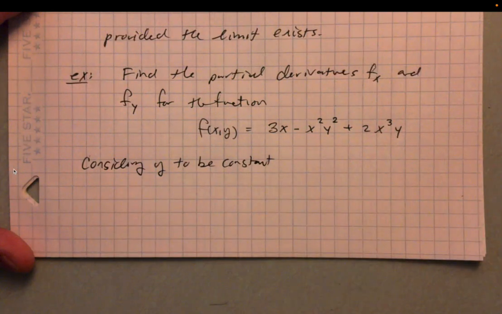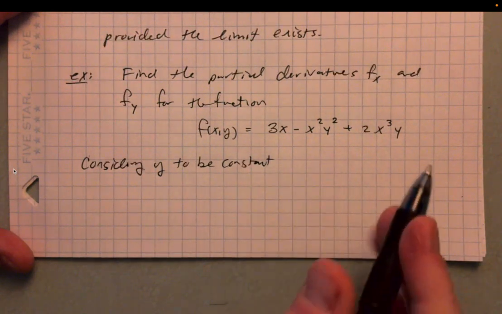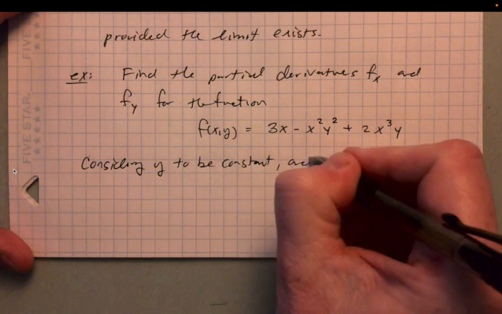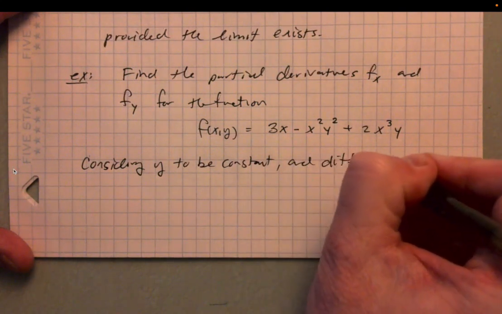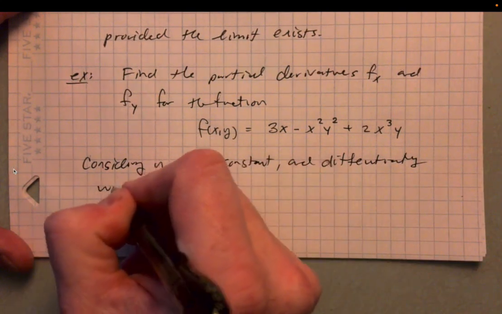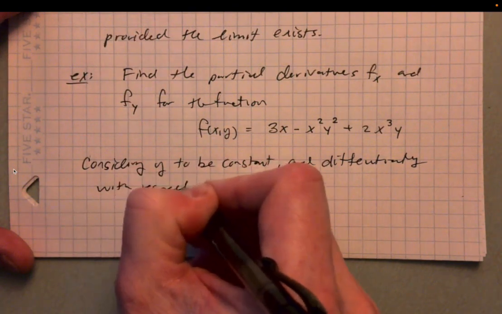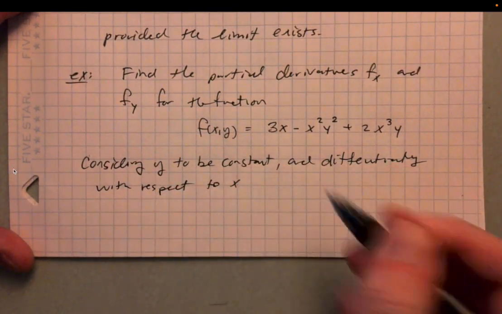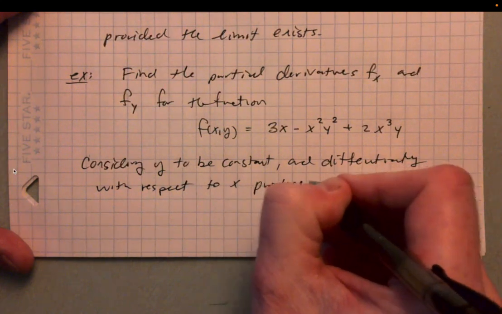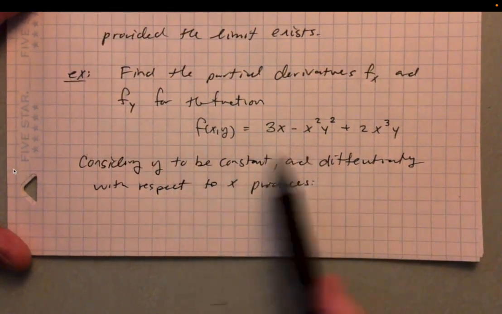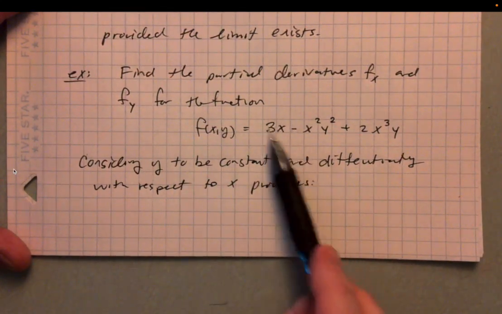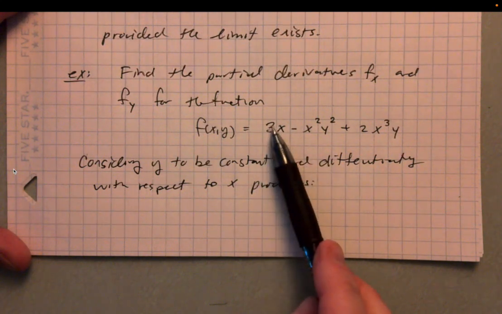So considering y to be constant and differentiating with respect to x, produces what? Well, the first term here, 3x, so that's 3 times x.